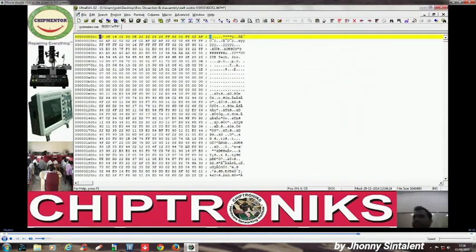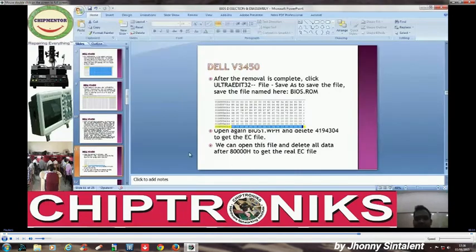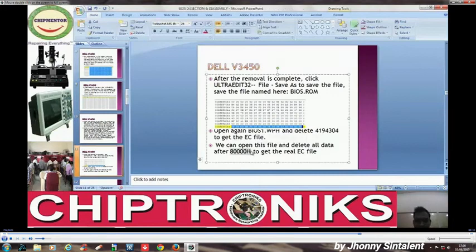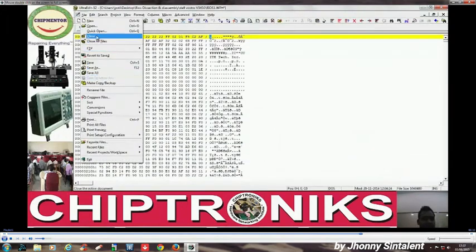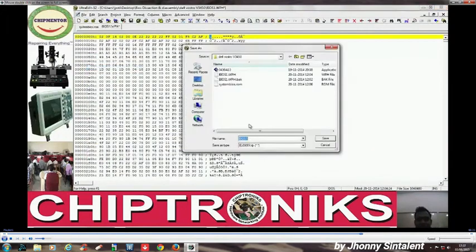Now this is our EC BIOS, but our EC BIOS has to be 512 KB. After this value we'll get the real EC file. Some BIOS programmer can program this EC BIOS. Let us first save it as EC BIOS.